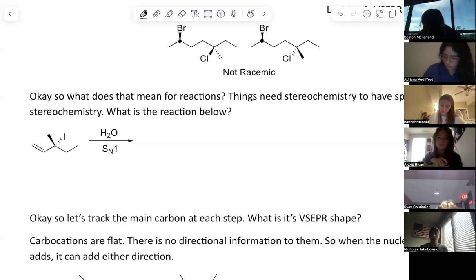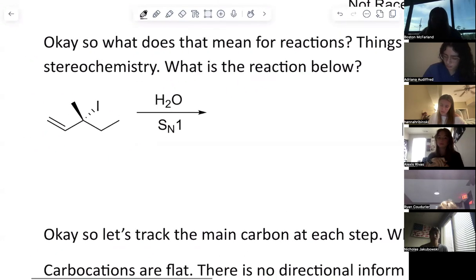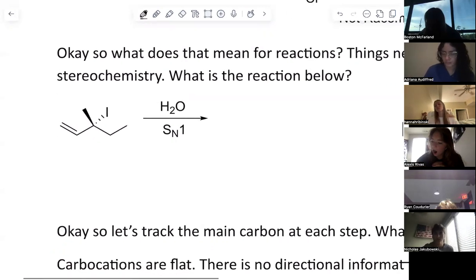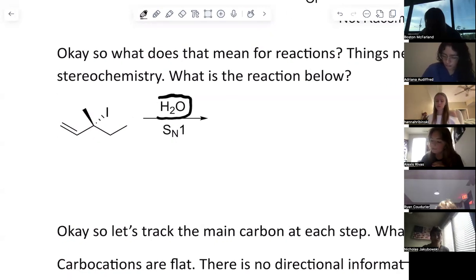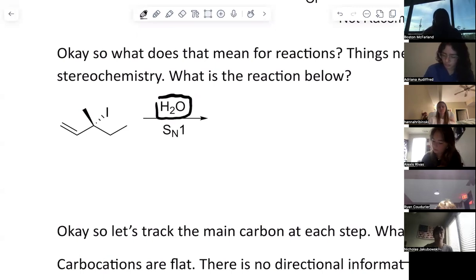All right, I kind of helped you out by telling you what it is. But with an SN1, this isn't charged, right? My nucleophile, it's not charged. So it's not a good nucleophile. So my neutral nucleophile is unlikely to react with a neutral electrophile. So I've got to make my electrophile charged. I'm going to do that by getting the leaving group to leave first. This is what makes it an SN1.